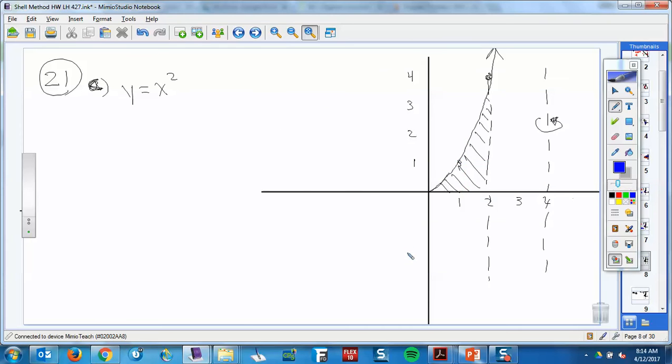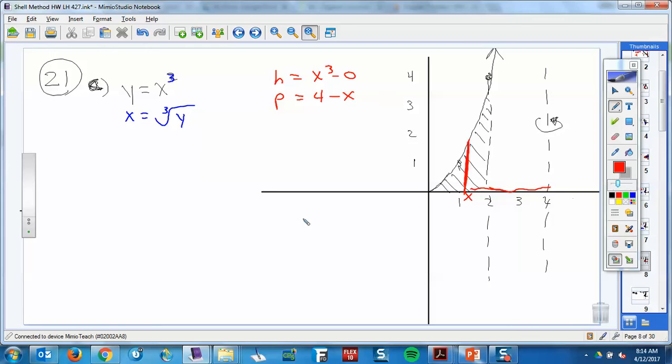96 pi over 5, so now we're revolving around here, so this is x equal to cube root of 1. So if we were going to do a shell, again, vertical strip, the h would be x cubed minus 0, and the p would be, what would p be here? 4 minus x, right? 4 minus x right here.